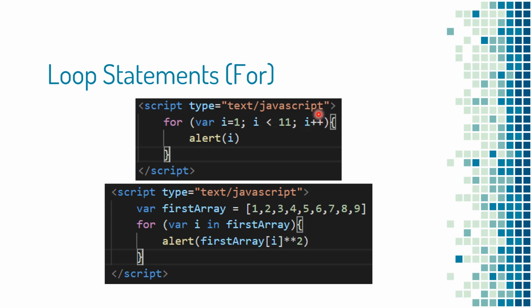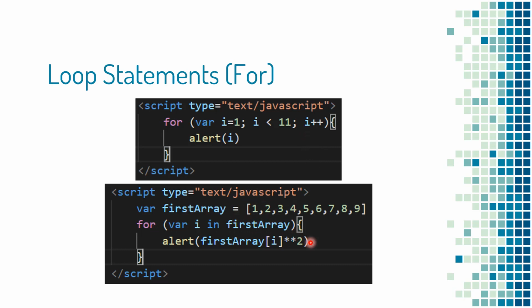And for each repetition, what is the increment size, or some people call it steps, or the step size. So in this case, we'll start from 1, we'll go until we reach or hit number 11, and for each repetition we're going to increase I by 1. This is one way to do for.